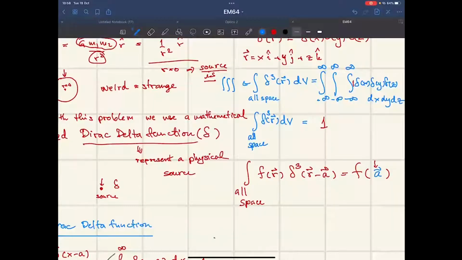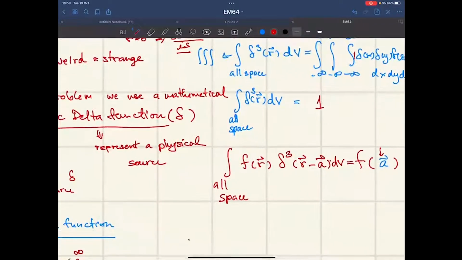Okay, I forgot the integration again. Any questions? No? Okay, it's clear, right?